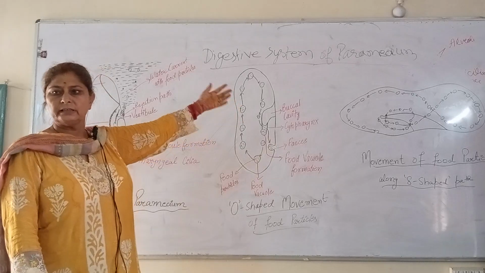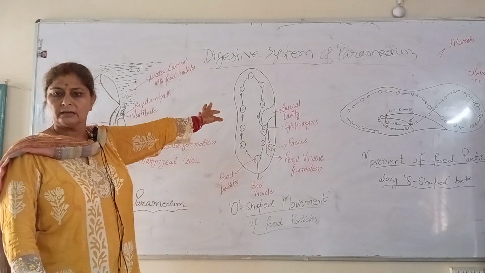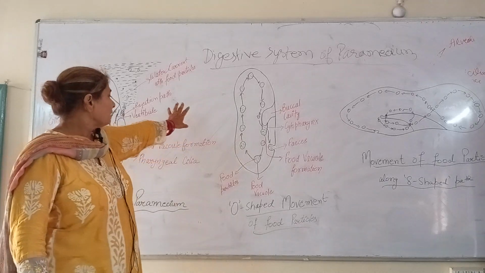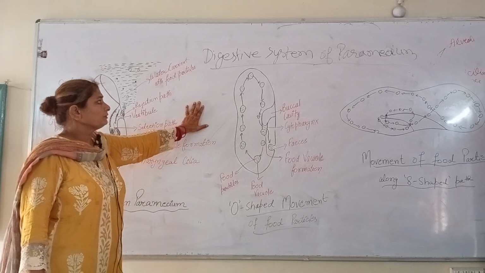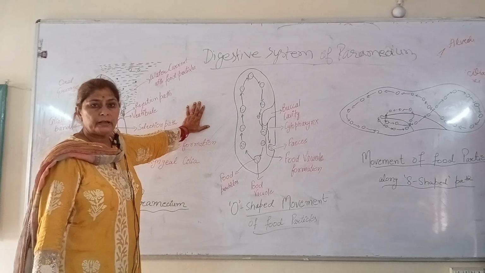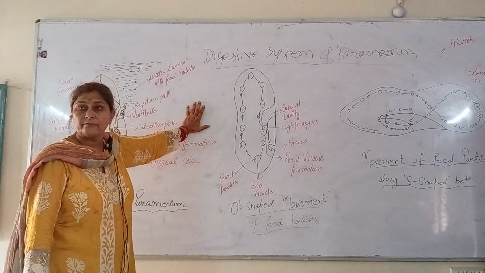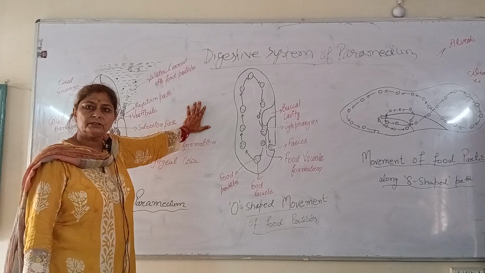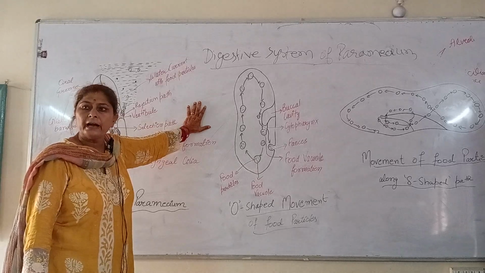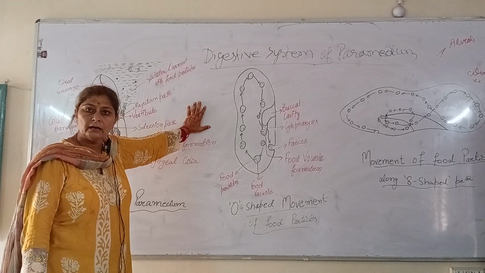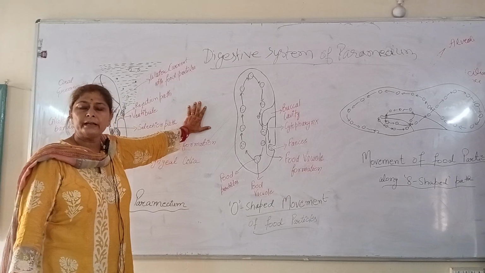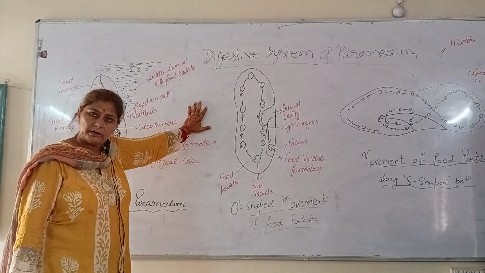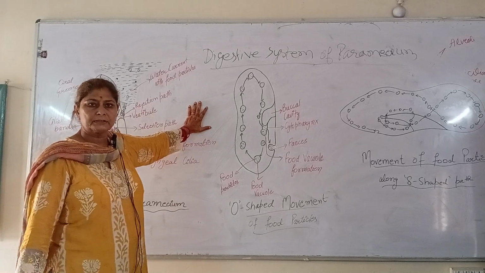Paramecium. In yesterday's lecture, we have done the general features of the parameciums. Now, the interesting thing of this digestive system is its ingestion first, which is the process of ingestion, which is quite interesting and different from the other protozoans and even other lower invertebrates.